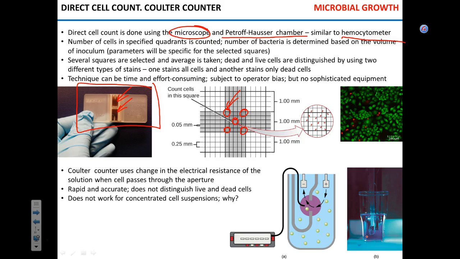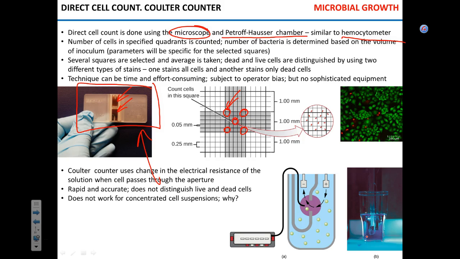Right. Now, the advantage of the technique is that it's simple in terms of equipment. All you need to have is a microscope and the slide. Disadvantage, if you deal with a lot of samples, it takes a lot of time and a lot of effort.